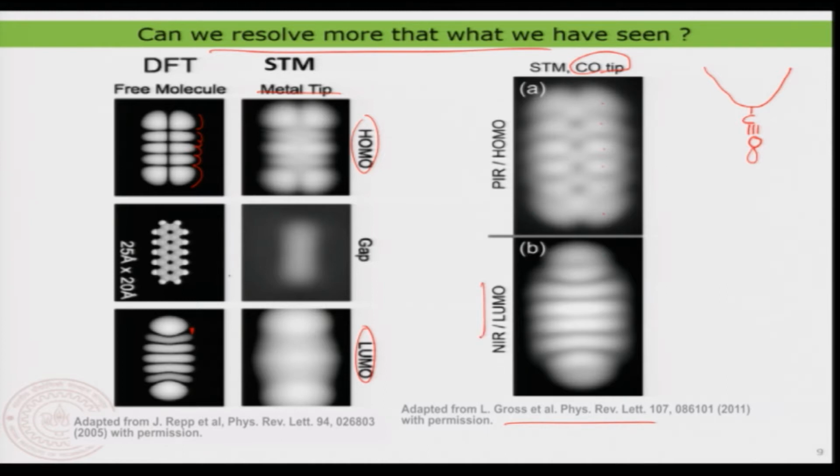I can see exactly the same type of contrast, and here I have 1, 2, 3, 4, 5 nodes, and I also see 1, 2, 3, 4, 5, 6 here, so one more here. So you can almost get a copy of the molecular orbital using a carbon monoxide tip. That is very interesting. It means we can resolve the electronic structure at the highest resolution possible.